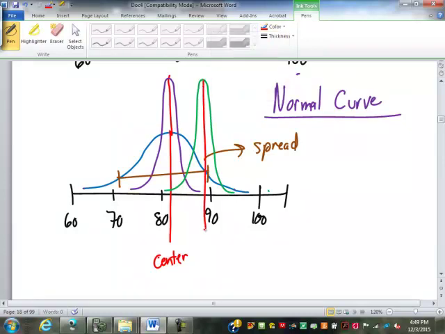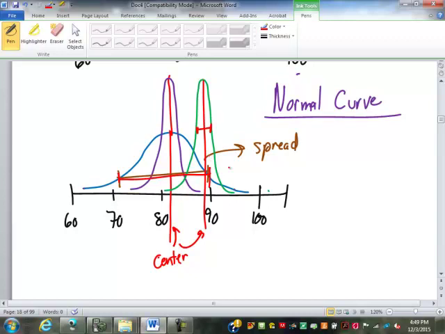Center is moved. The spread is the same, but the center is moved. This one's got a little spread, the blue one had a big spread. Green and purple have small spreads. So if we can describe the center of the curve, the location of the center, and the spread, how wide the curve is, we can adequately summarize a set of data.